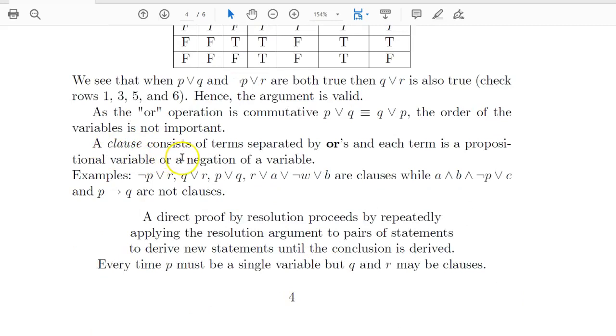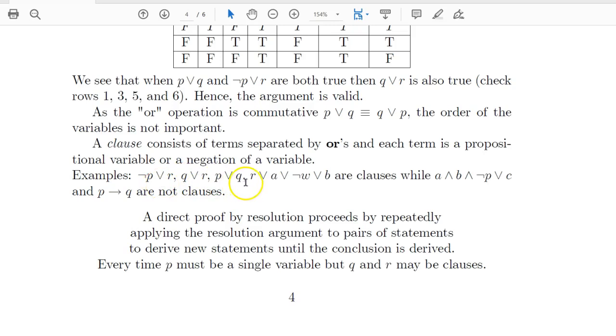A clause consists of terms separated by ors, and each term is a propositional variable or negation of a variable. So this is a clause because we have negation of a variable, and then they are separated with an or.